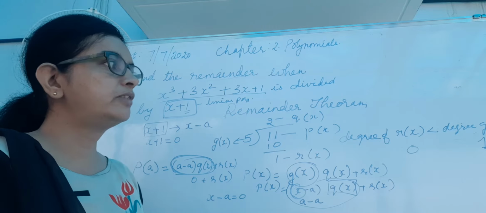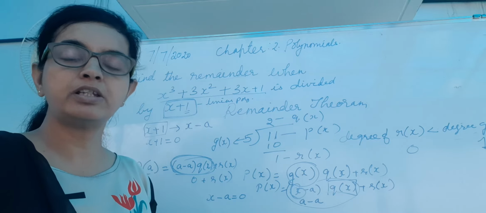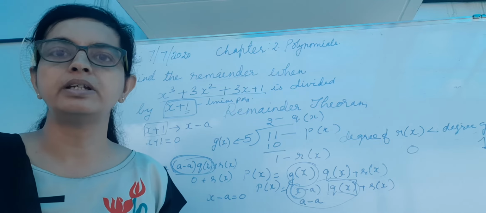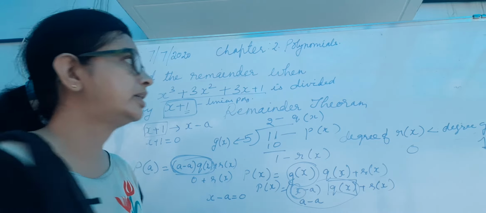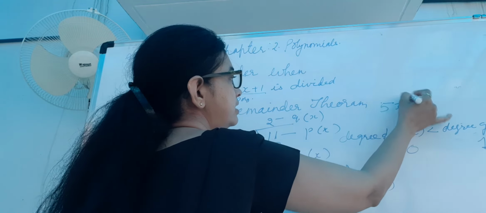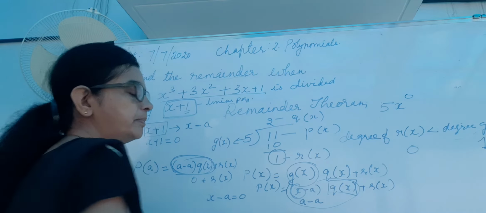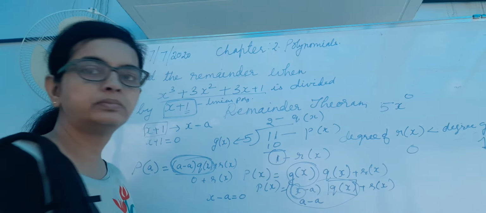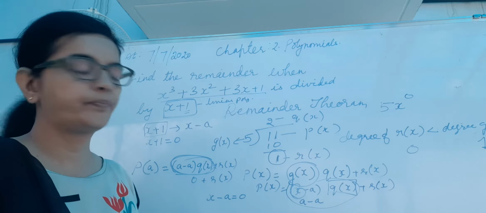And when will the degree of r(x) be 0? When it is a constant term. In all constant terms, the degree is 0. Like if you say 5 is the constant term, then its degree is 0. Here, in our previous simple division, this is the constant term and its degree is 0.